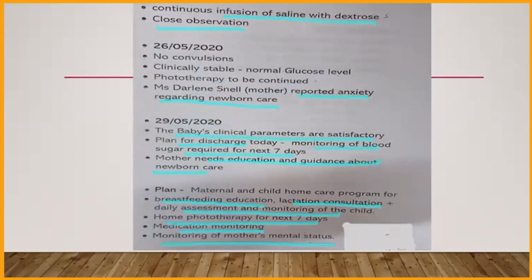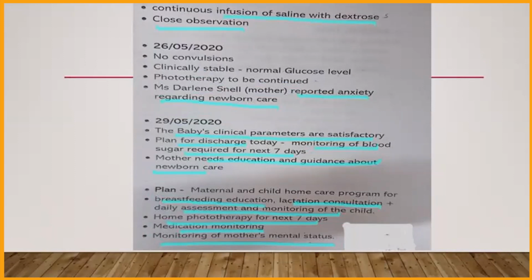Can someone help me? Currently, Liana becomes stable. However, her mother is concerned about newborn care and requires education and guidance. Yeah. So I think the first line, currently Liana became, there's some grammar error there.